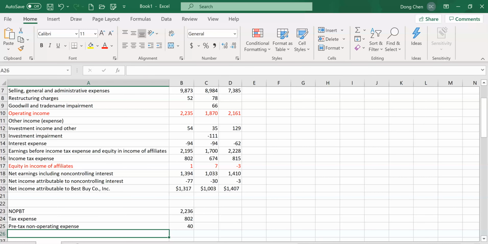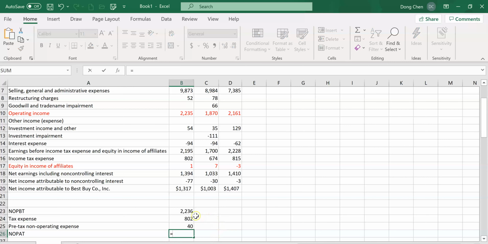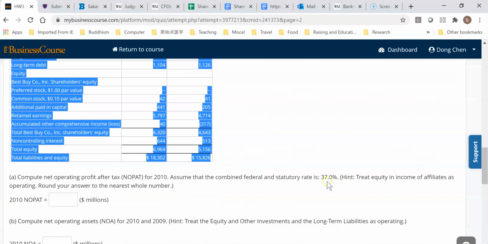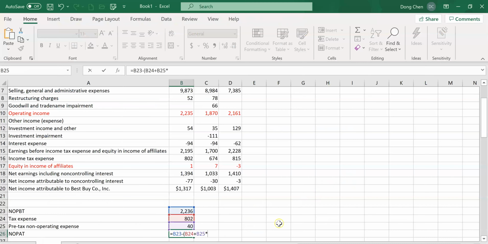And with that, we can calculate NOPAT. So this is NOPBT, and then minus tax on operating profit, right? And tax on operating profit further equals tax expense, plus the pre-tax non-operating expense, and then times the statutory tax rate, which is 37%.